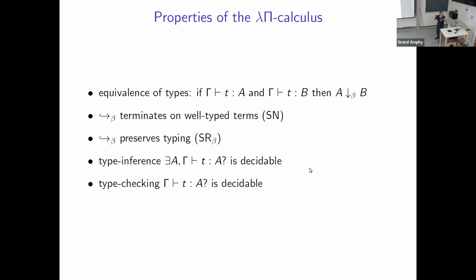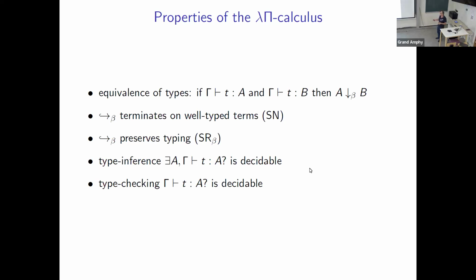Okay, but let's go back to the lambda pi calculus. Just simple types, dependent types. You remember we saw yesterday the properties of the simply typed lambda calculus. Actually, all the properties we have seen are preserved when we add dependent types.